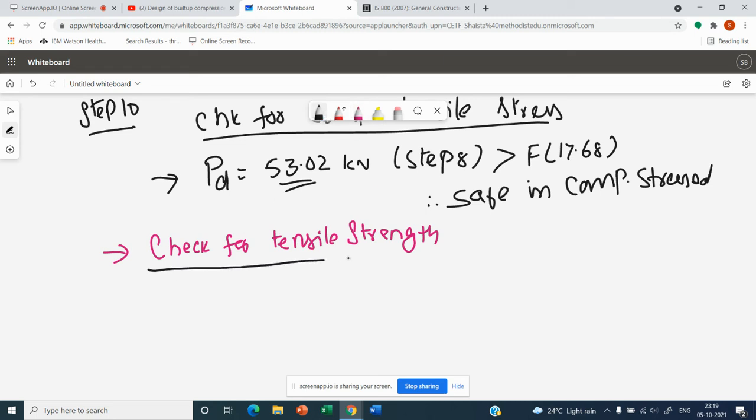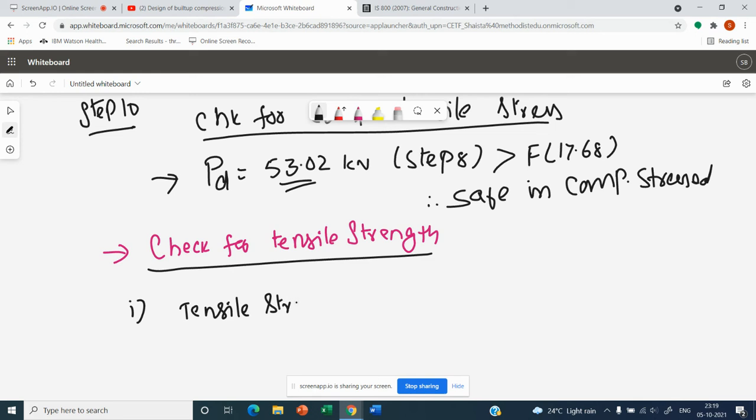In design of tension members, you have seen we will find out cross section yielding of plates and tensile strength of tension members.